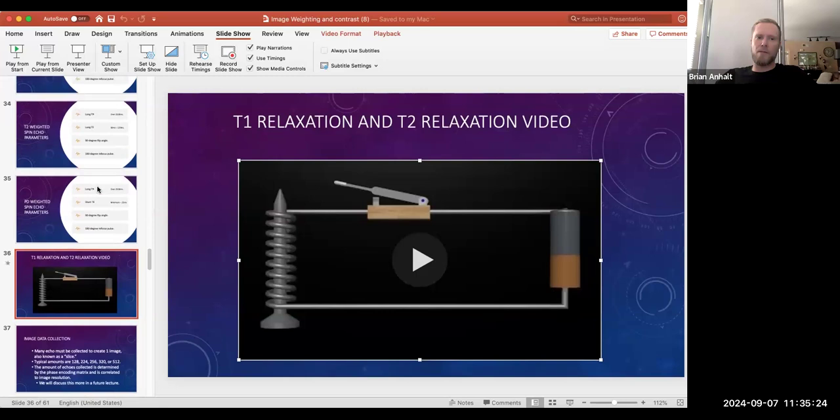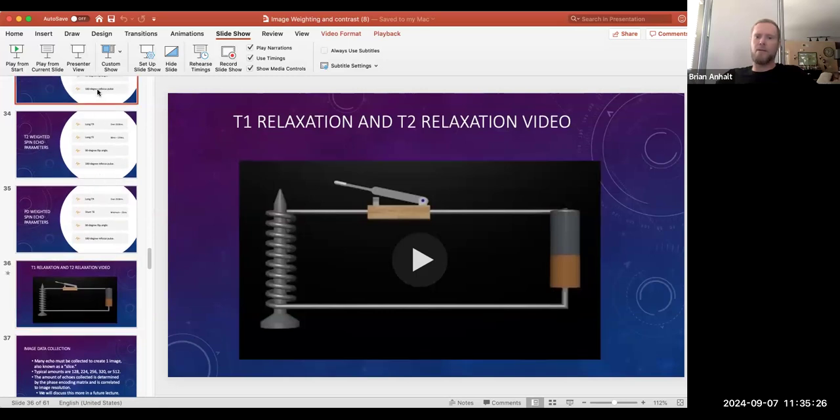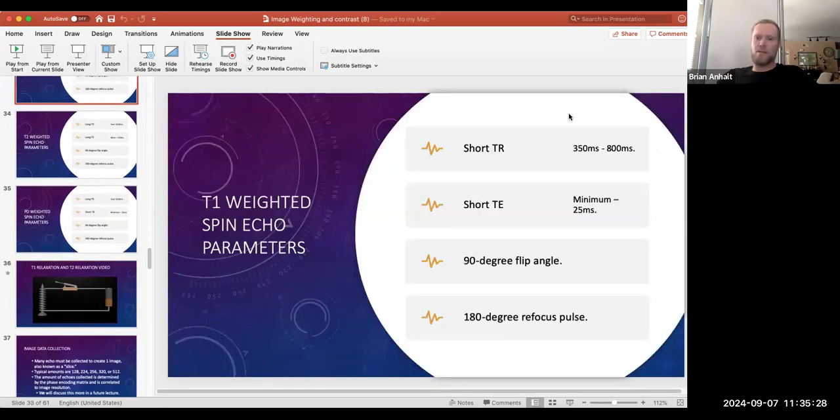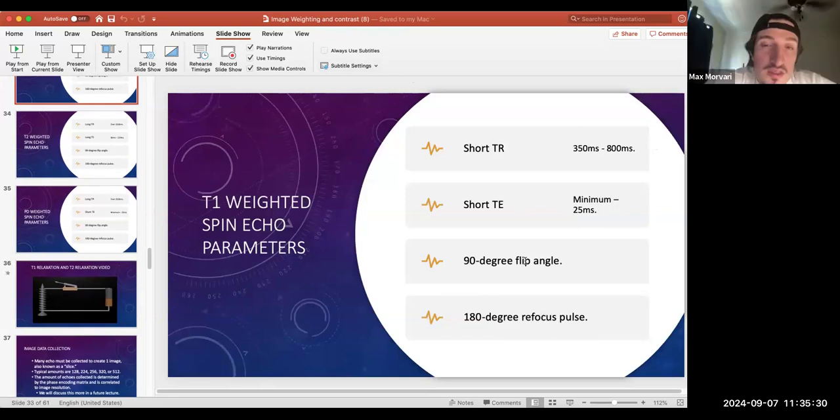Well, your key is right here. If you want to just memorize numbers, this will help you a lot. It's the numbers, but also how it affects the different tissues and what I'll get back in terms of contrast.